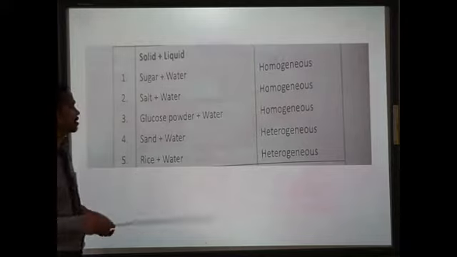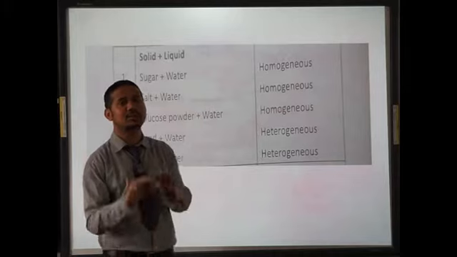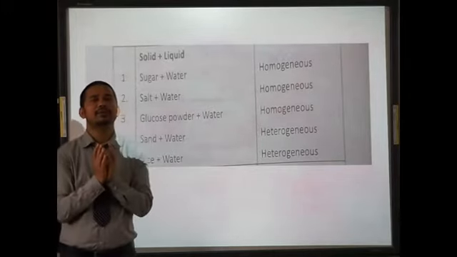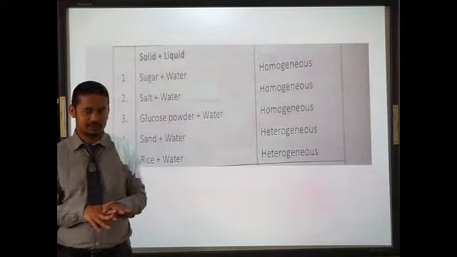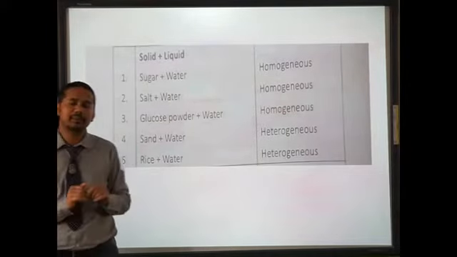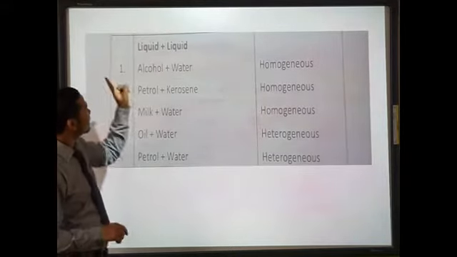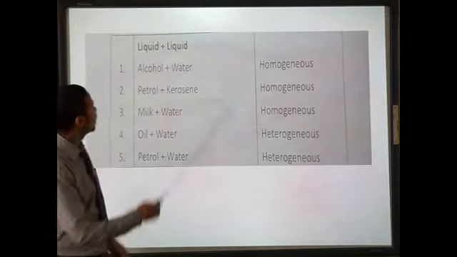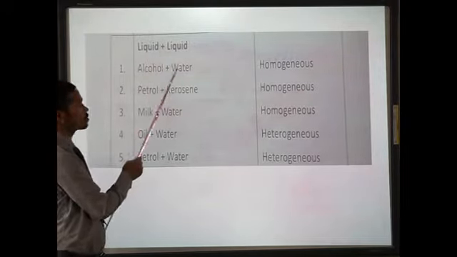Then rice and water. If you mix rice and water, then rice does not mix in water uniformly, means it cannot dissolve. So rice settles down. That means it is not uniformly mixed. That means it is also a heterogeneous mixture. And then liquid plus liquid. One component is liquid and the other is also liquid. So alcohol plus water.